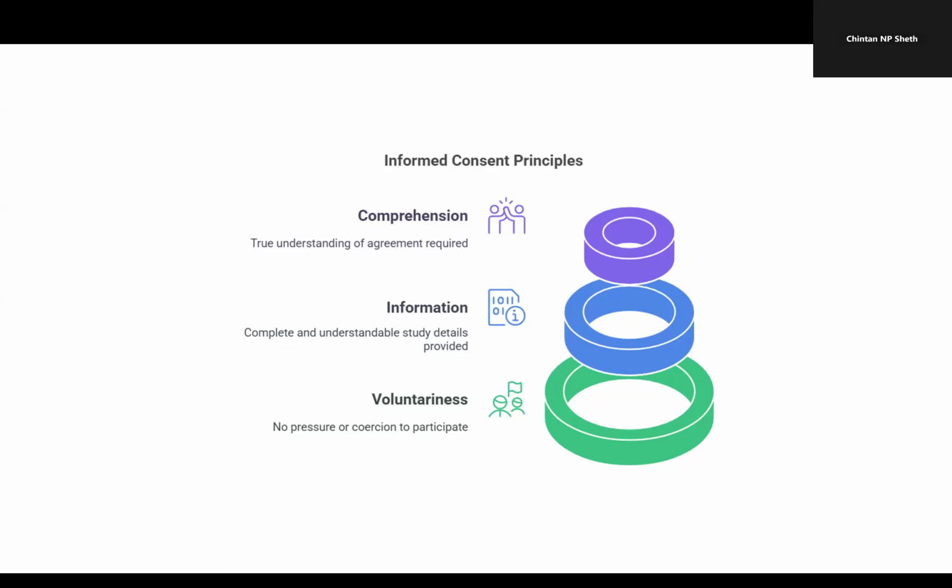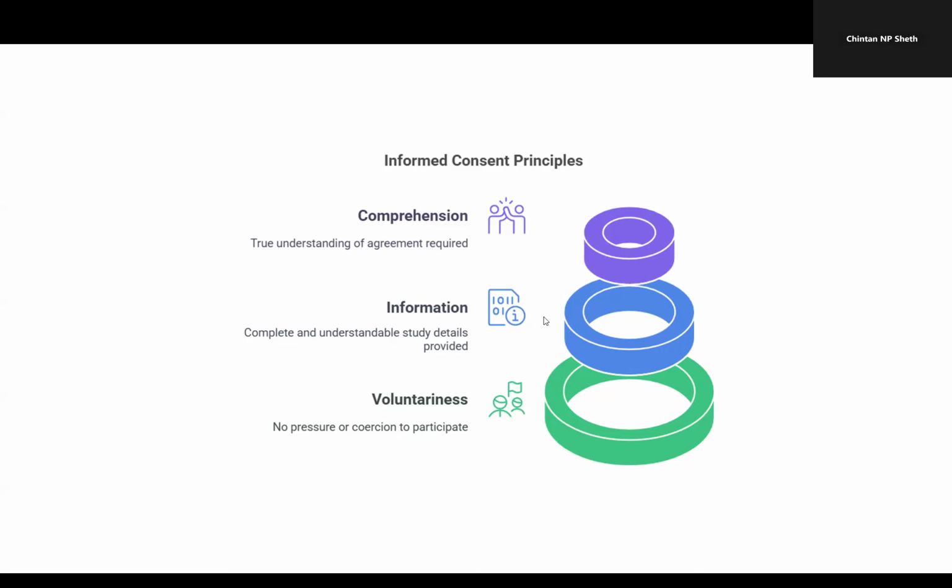It means that whoever, either a patient or a subject or a trial participant, must be able to truly understand what they are agreeing to. The language should be simple and should not be unnecessarily complex. So, the first foundation of informed consent is comprehension.